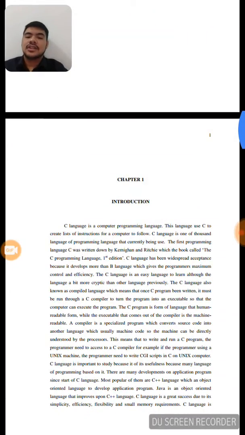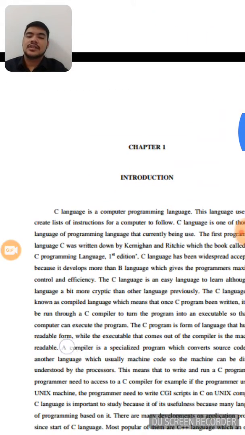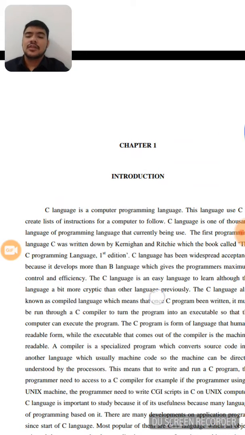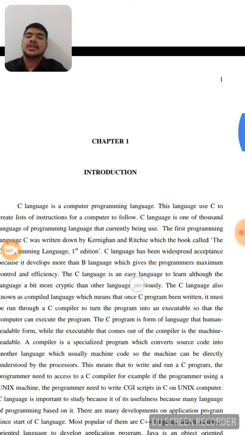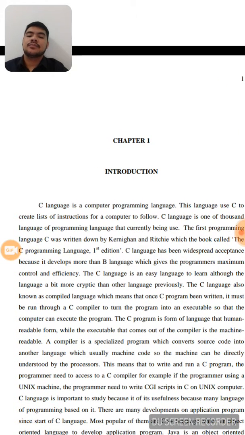So the introduction is about the fundamentals of C language. C is a computer programming language, a language used to instruct a computer to follow. Basically, C language is one of 1,000 programming languages, and it is currently still being used.